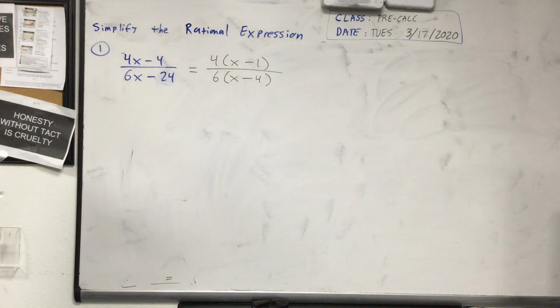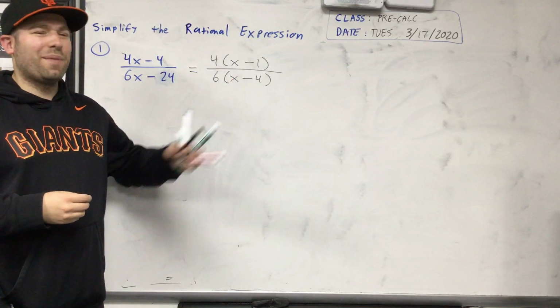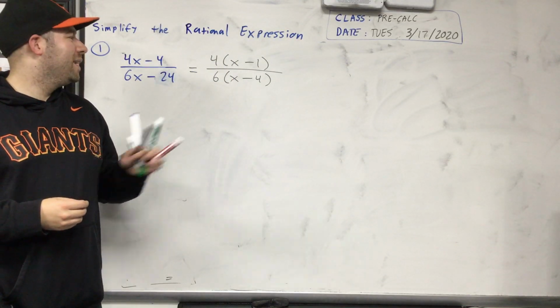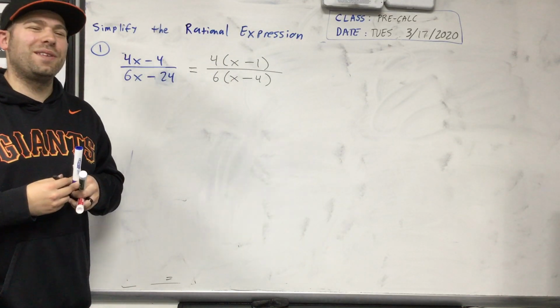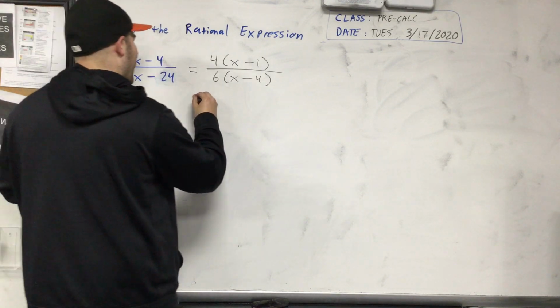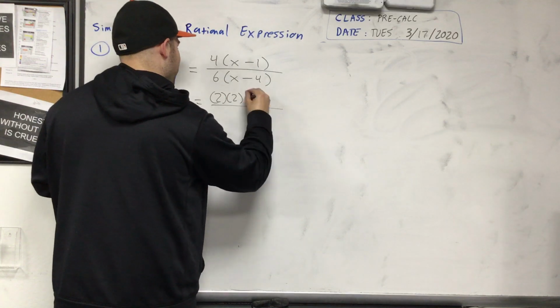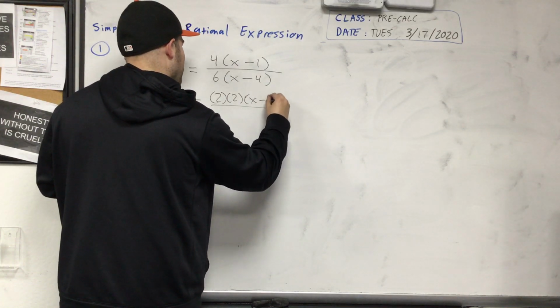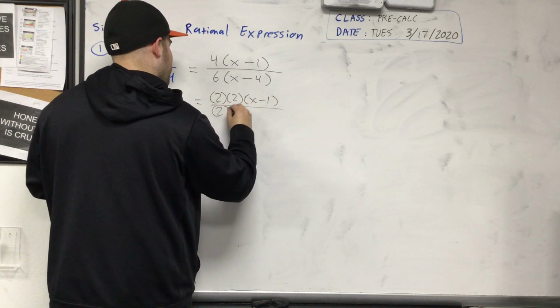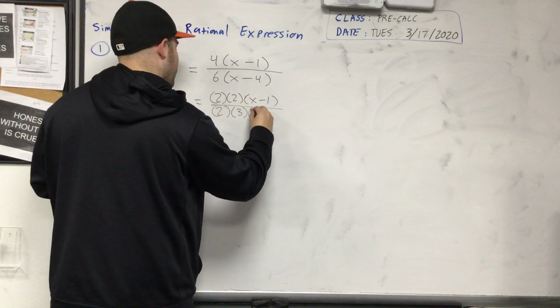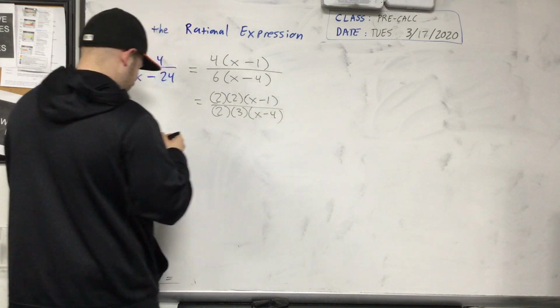And there's nothing on the top and bottom that I can cancel out, but just for the sake of being neat, I can break 4 and 6 by factoring out a 2. So I'm left with x minus 1 on the top, 2 times 3 times x minus 4 on the bottom.